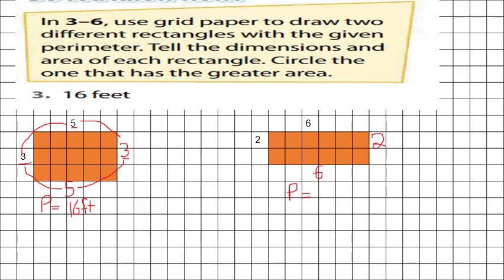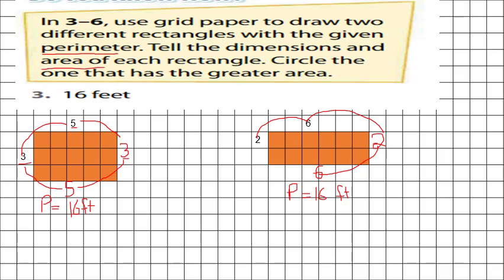Now let's add to find the perimeter. 2 plus 6, excellent, 8 plus 2, very good, and 10 plus 6, excellent, 16 feet. So now we have two rectangles with the same perimeter, and now we have to find the area.